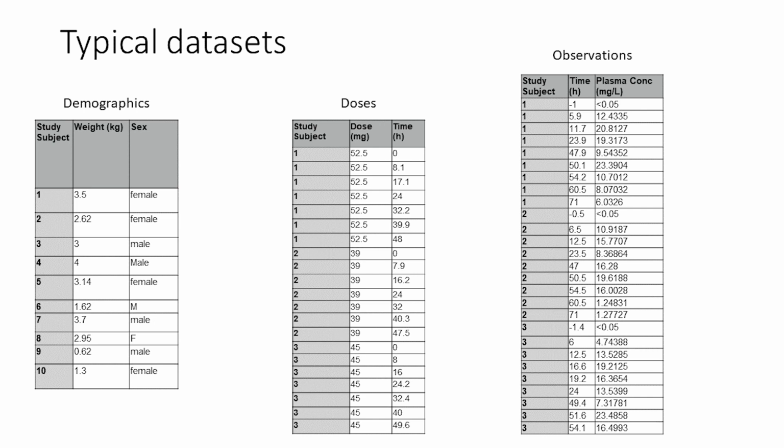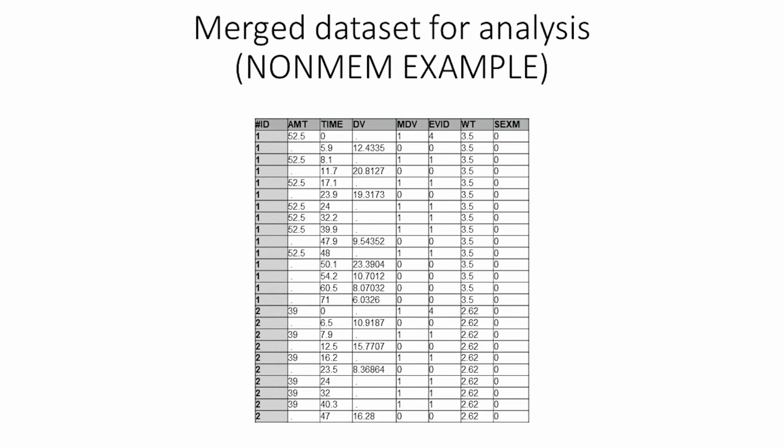So you notice the study subject is the linking variable here. And for a population analysis, the study subject is the basic level of analysis. One considers that as the basic unit of analysis with respect to the determination of parameters. And so if we look at a typical NONMEM data set, it is actually assembled from those components.